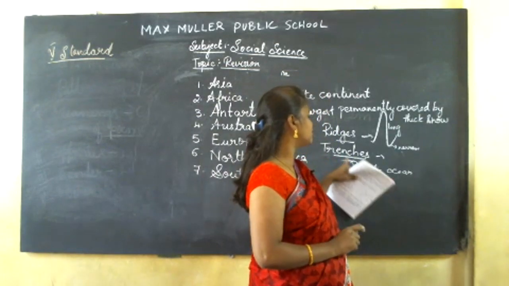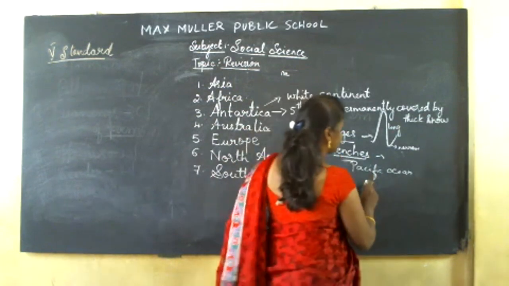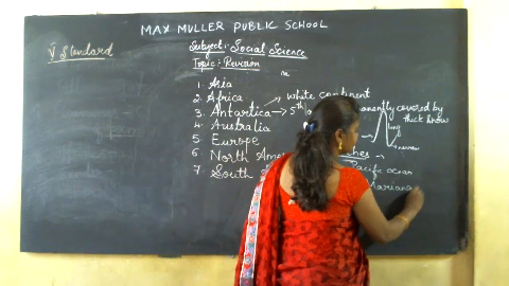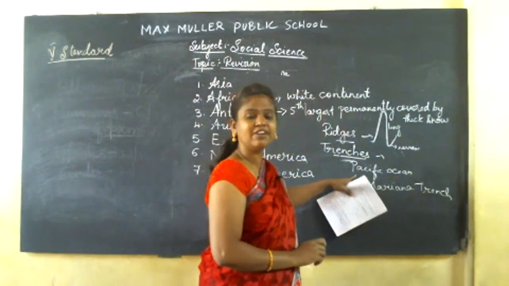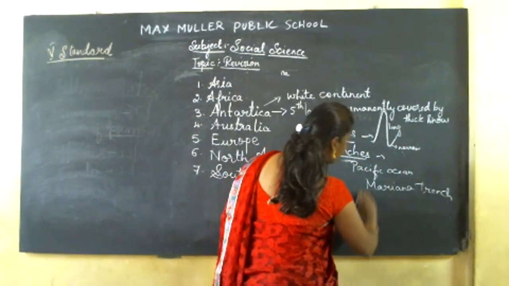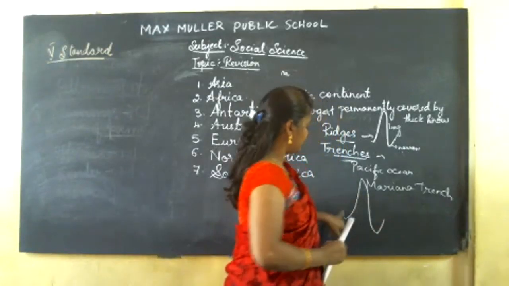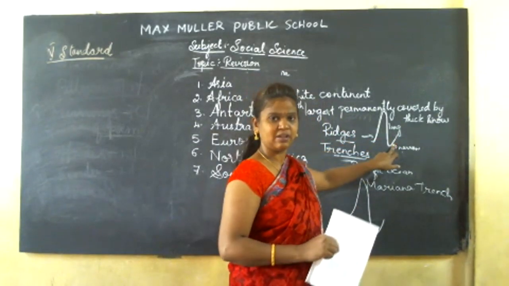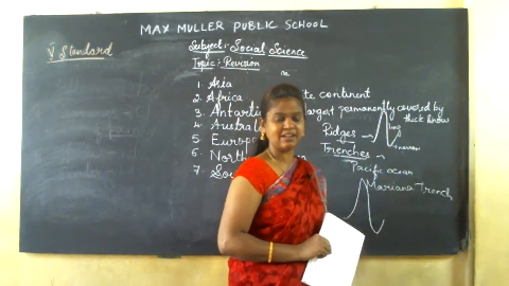So in Pacific Ocean, you can just see some of the trenches. And the famous trench in Pacific Ocean will be the Mariana Trench. So this Mariana Trench can be found in Pacific Ocean, and this is also known as a long, narrow, deep pit. So here the answer is what? Ridges are a long, narrow piece of highland which is present between the hills and mountains.